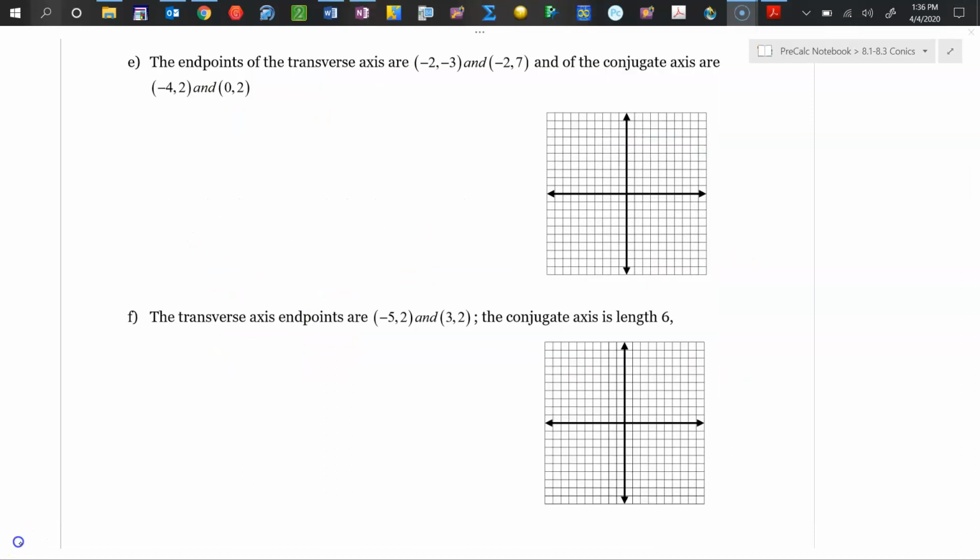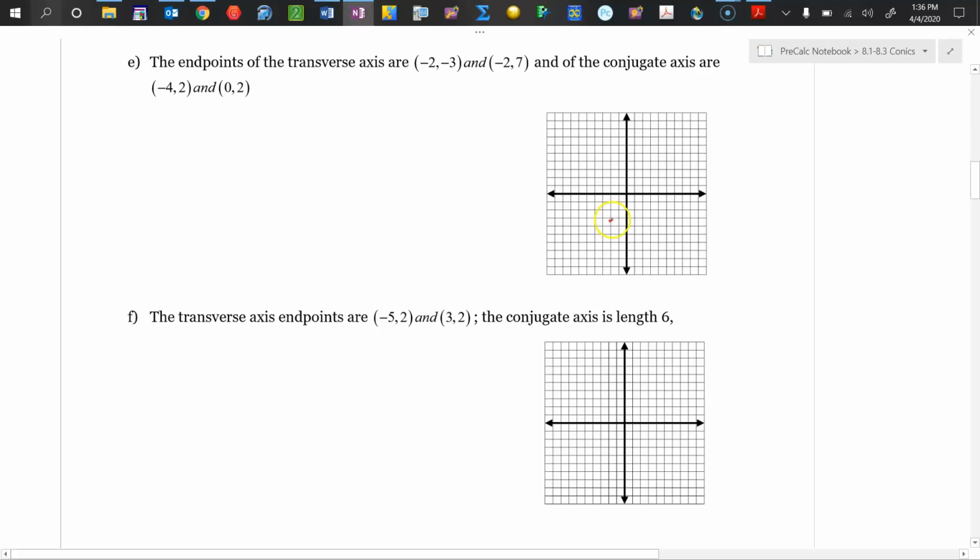All right, now we're going to move on to writing the equations of a few hyperbolas whose centers are not located at the origin. So we're going to use the graph to help us with this a little bit. The endpoints of the transverse axis are -2, -3. So -2, -3, there's a point right there. -2, +7, so 2, 4, 6, 7 right there.